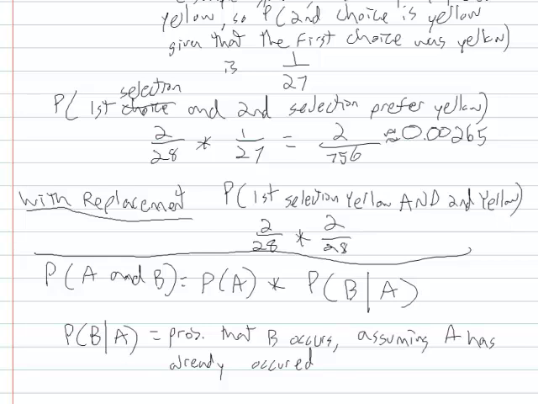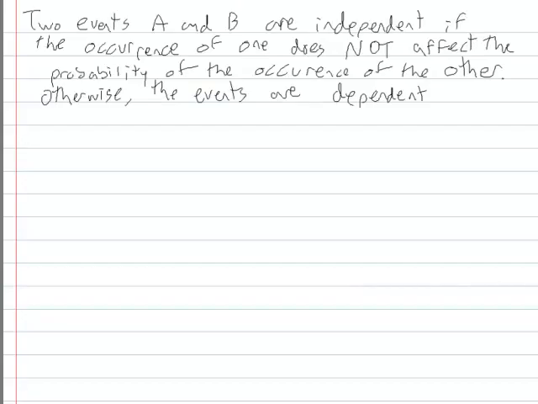Okay, well, let's formally define independence here. Two events, A and B, are independent if the occurrence of one does not affect the probability of the occurrence of the other. Otherwise, they're called dependent. So, in the case of selecting the people that prefer yellow, if we are putting the name back in the hat, we're doing it with replacement.